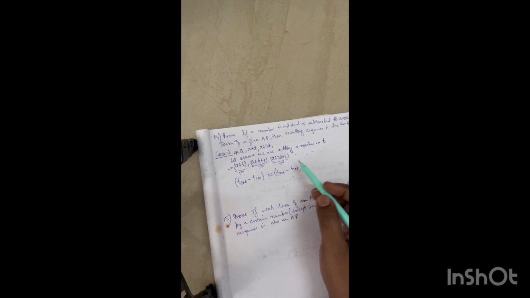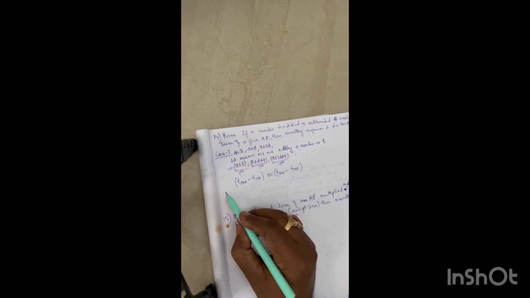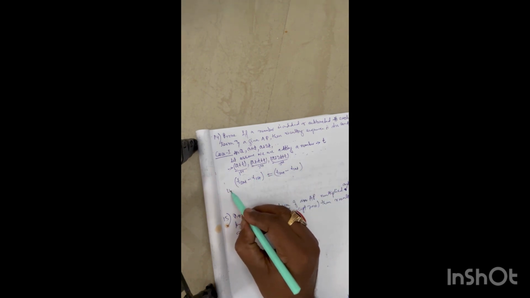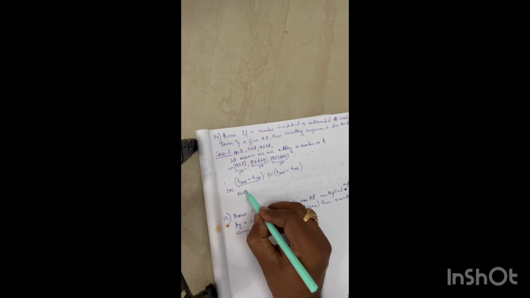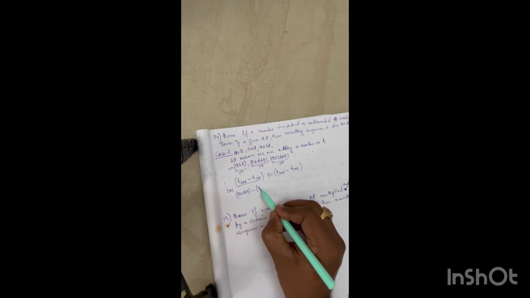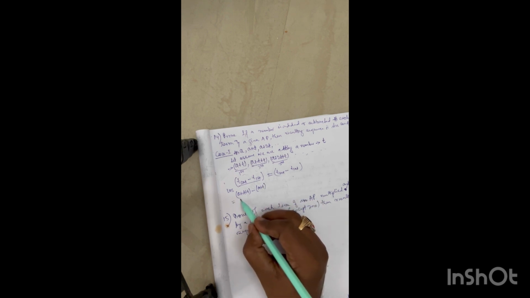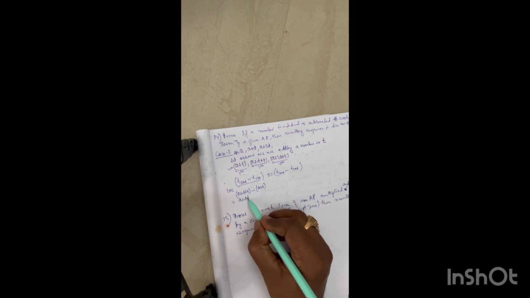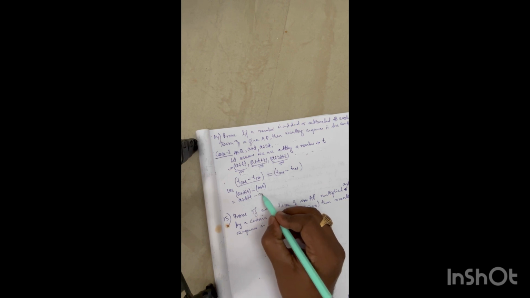For doing that, let me go with the left hand side: term second minus term first. The second term in the new series is a plus d plus t, minus the first term, a plus t. Now calculating this, removing the bracket, I get this.